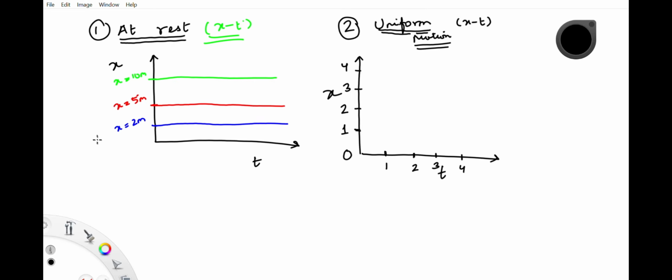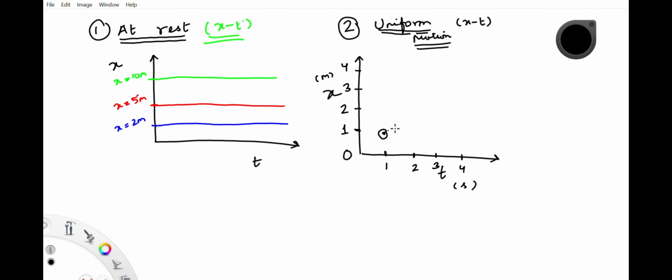Now, uniform motion is basically defined as a type of motion where an object covers equal intervals of distance in equal intervals of time. So let's just say in this case, an object covers 1 meter in 1 second. So I plot this over here. Here, x is in meters and time is in seconds.